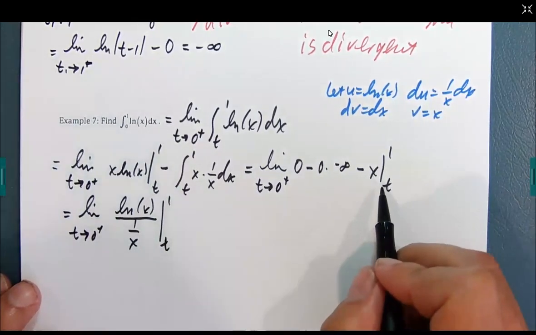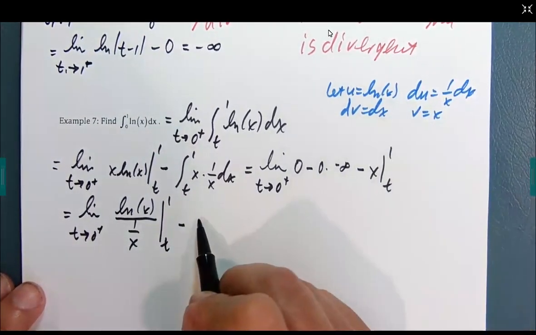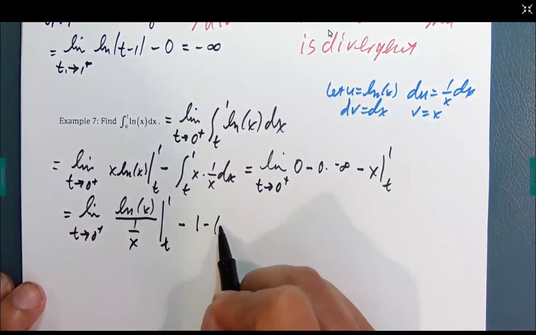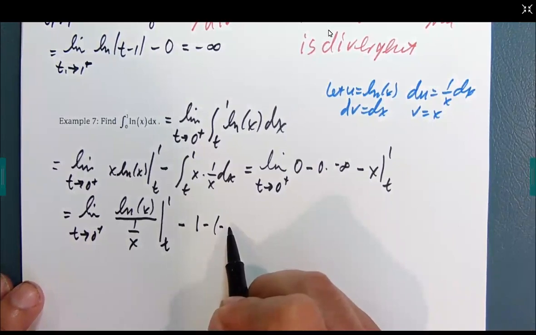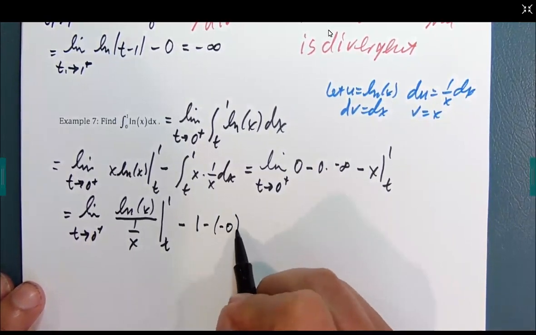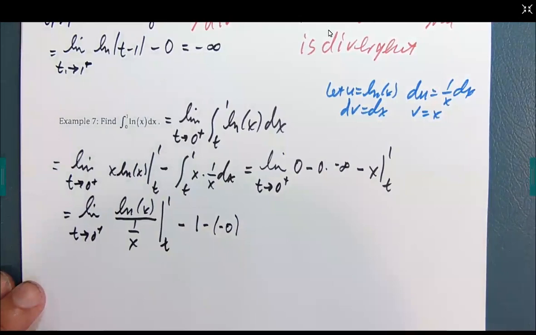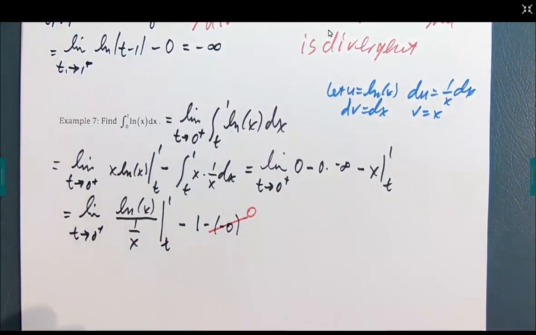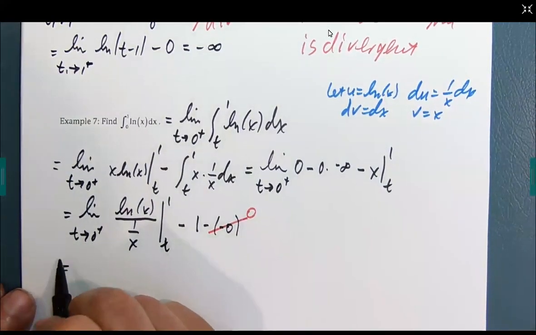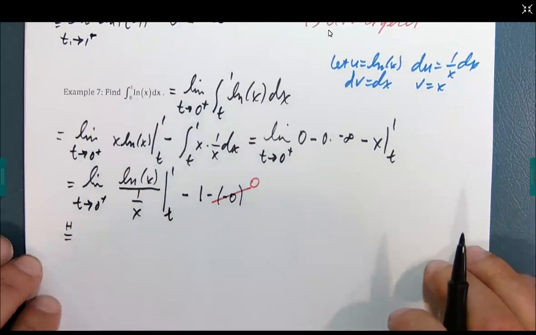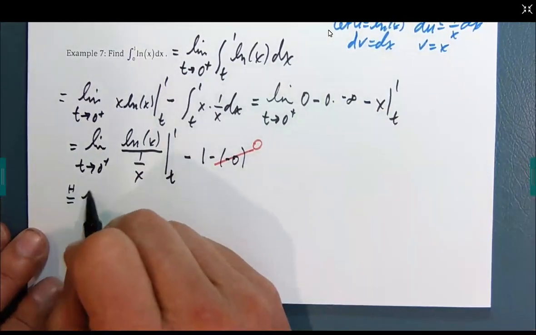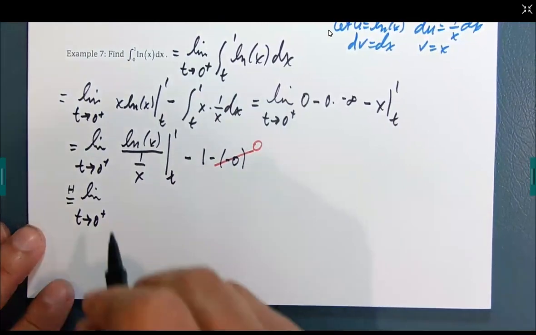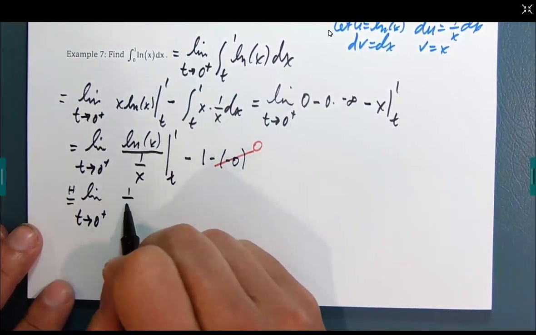And here we're going to end up with minus, that's going to be 1 minus -0. Yeah, okay, so that goes away. That part. And here I can apply L'Hopital's. And I get 1 over x over 1.